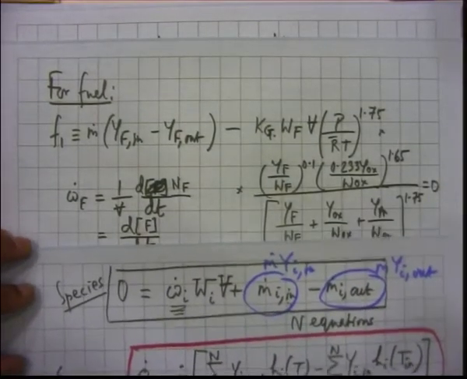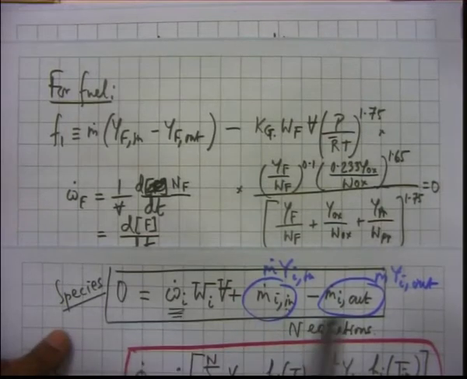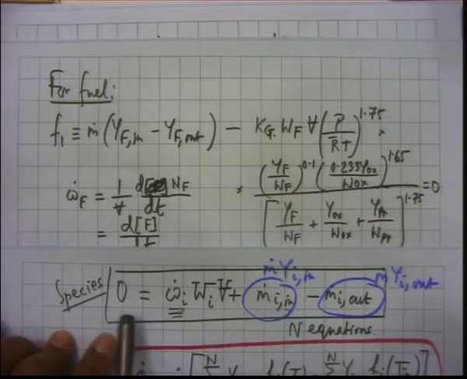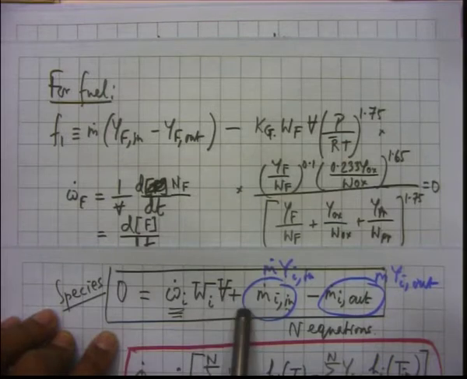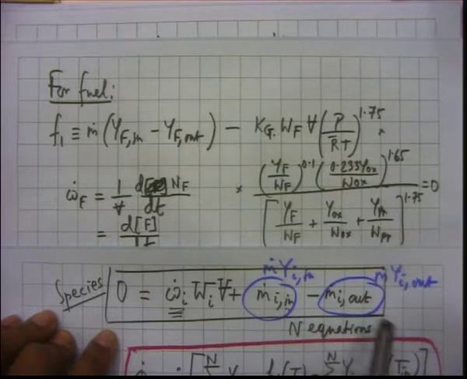The species equation, as we know from the work done previously, will have a species production term, which is omega dot i times the molecular weight of the ith species times volume, plus m dot i in minus m dot i out.